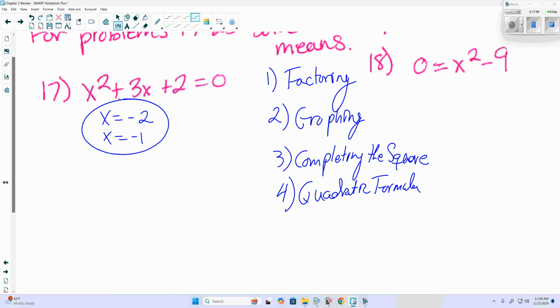So if it asks us to solve number 17 by graphing, we can use the graphing calculator. We graph it and look at the graph or look at the table for what values of x make the y value be 0. Questions on this here?